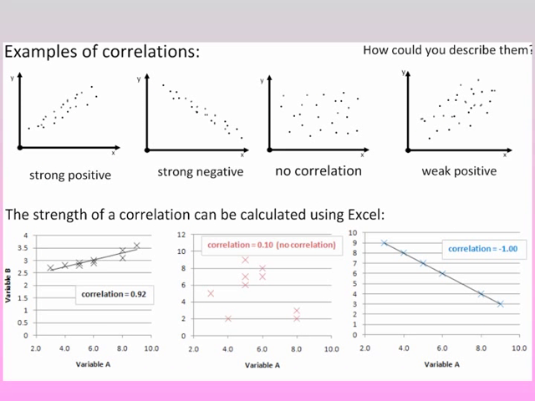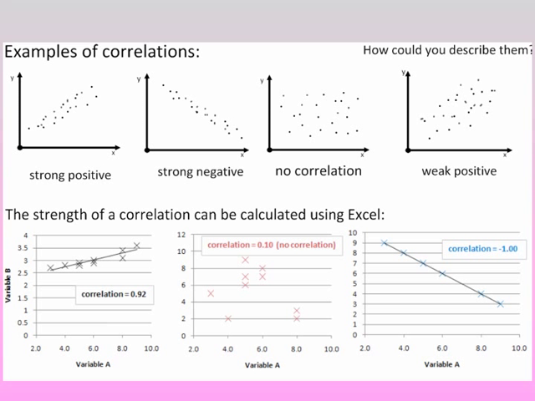These are other examples of correlations. If your graph looks like the top left graph, then you can say that there is a strong positive correlation. Okay? The more of X, then the more of Y. Another example is the second one in the middle. You have a strong negative correlation because you can clearly see that the more of X, the less of Y. Okay?